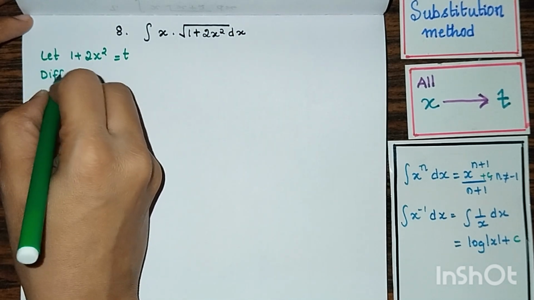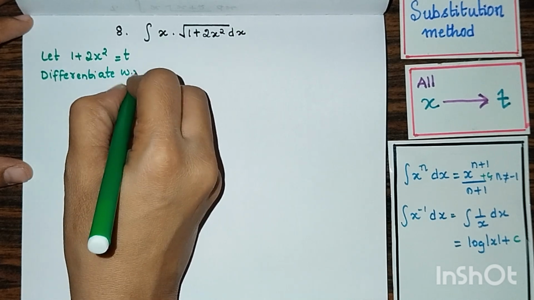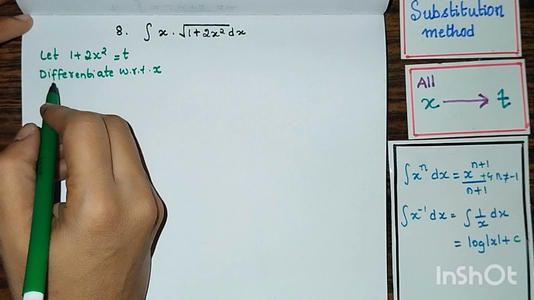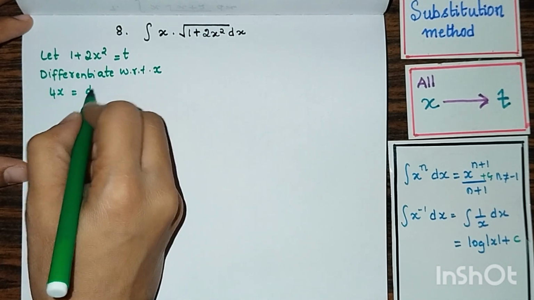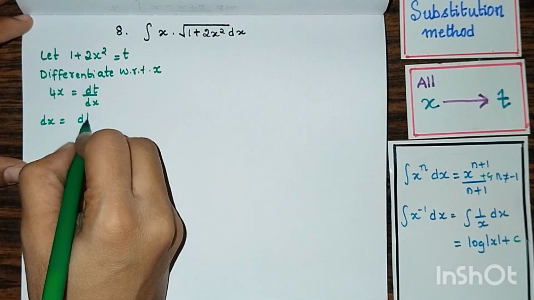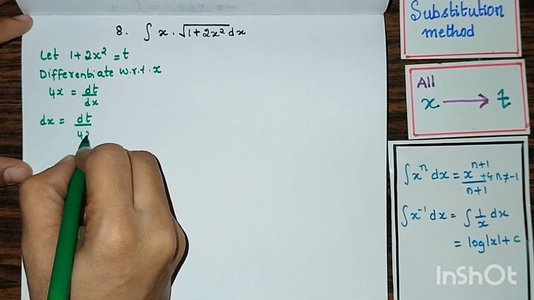Now we will differentiate with respect to x. So if you differentiate 1, it is 0. If you differentiate 2x square, you will get 4x is equal to dt by dx. So dx will be equal to dt divided by 4x.